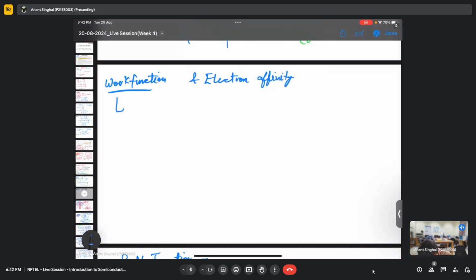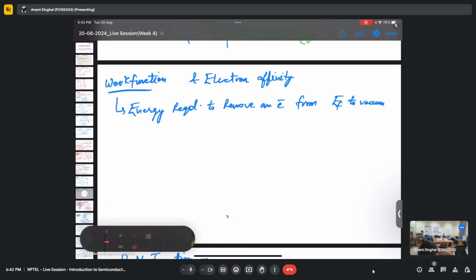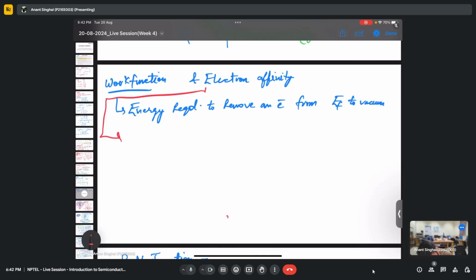Work function is nothing but the energy required to remove an electron from the Fermi level, that is EF, to vacuum. And electron affinity is the energy required to remove an electron from EC to vacuum.